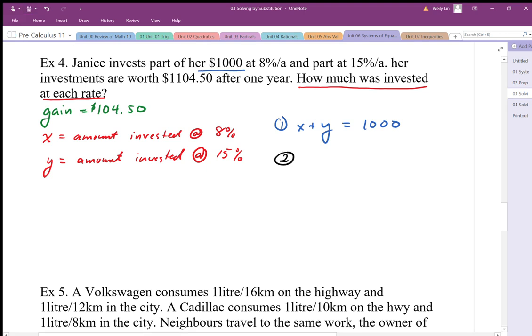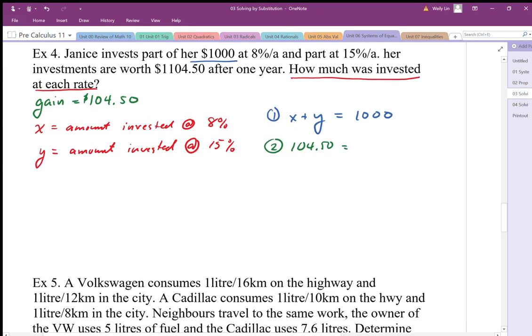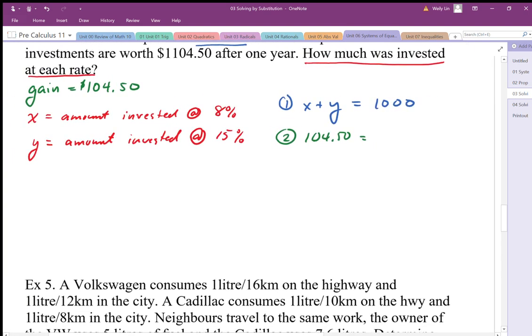The other relationship is going to be from the gain or the interest earned. So how do I calculate interest earned? The $104.50. How do I go about calculating that interest? Well, part of it was earned at 8%, which is a percentage calculation: 0.08 times the amount invested.